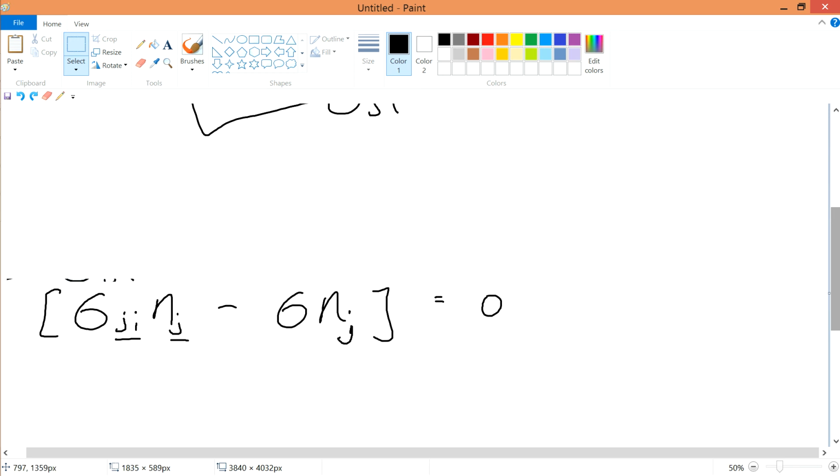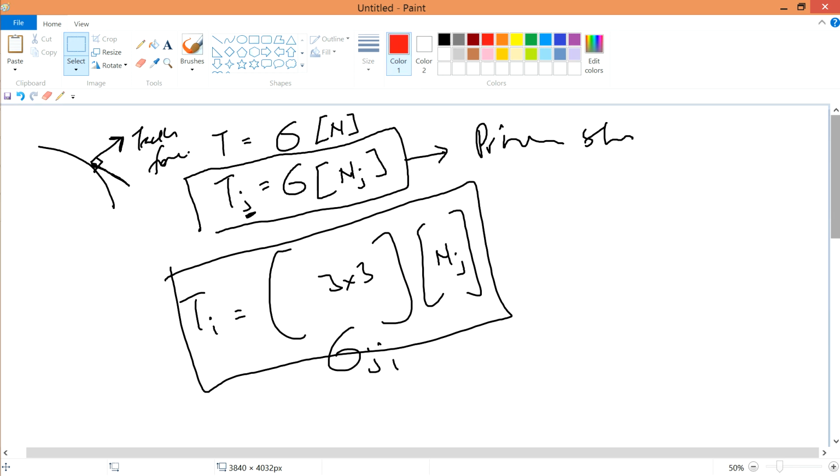Now, if you take a look at this nj, this traction force and this traction force are the same, but this traction force is acting on a different basis. If I say this is the basis, this traction force is acting perhaps on the j basis, and maybe an i basis.